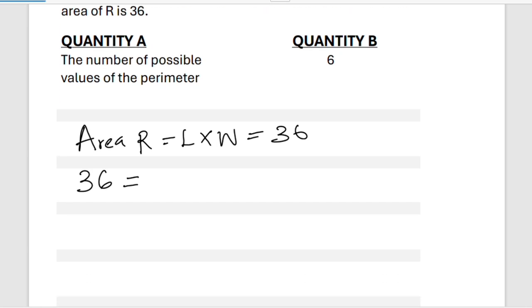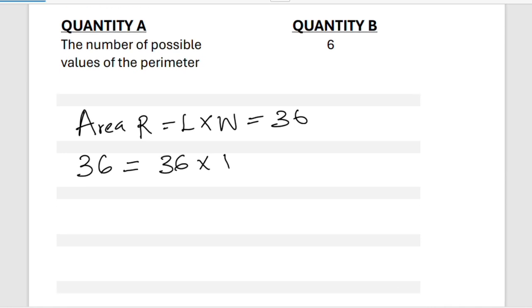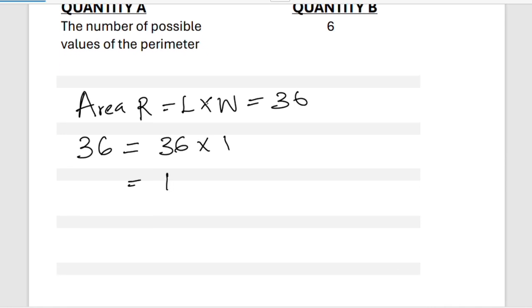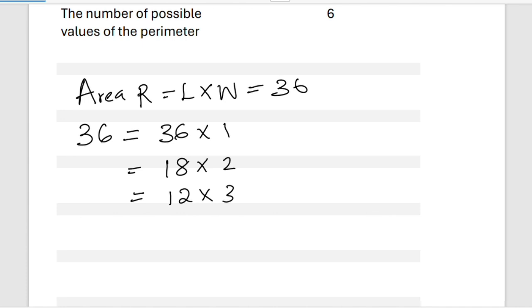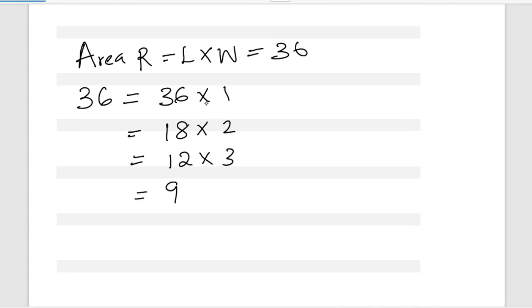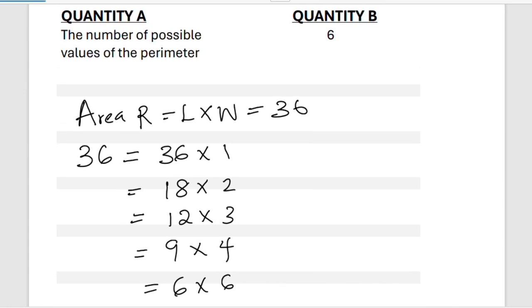So the possible numbers could be 36 times 1, the next one 18 times 2, the next one 12 times 3, the next one 9 times 4, they are going to give us 36, and the next one is 6 times 6. And what is perimeter?